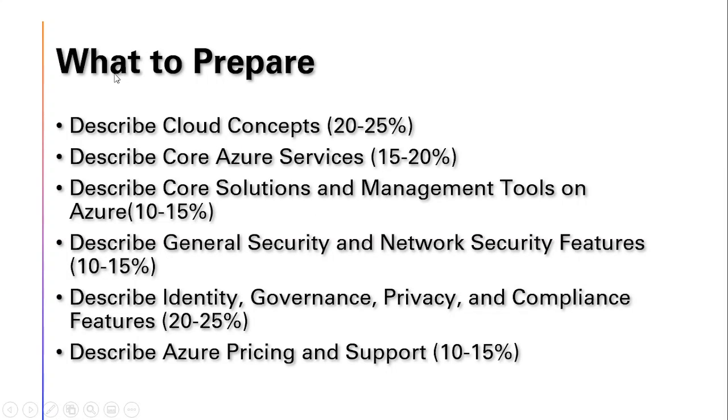Yeah, so what you have to prepare is, these are the sections that you have to prepare for. The first one is cloud concept, which carries the weightage of 20 to 25%. The second one is Azure services, which has 15 to 20%, and then core solution and management tools on Azure, which is of 10 to 15% weightage.